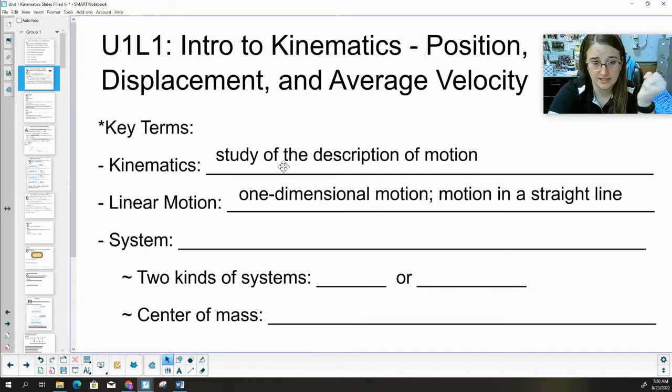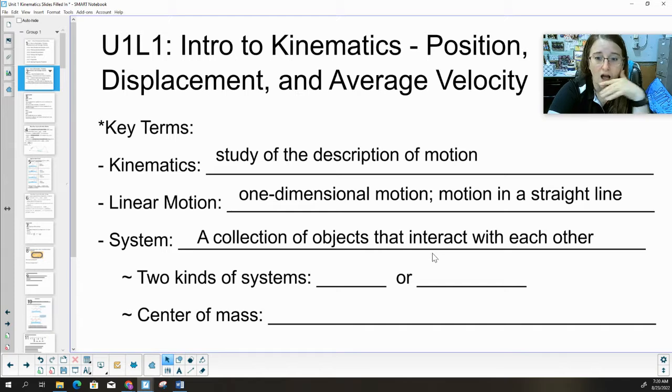Now, when we talk about these things, some other vocab you're going to see is reference to a system. A system is just a collection of objects that interact with each other. So for pool, for example, I can call one ball an object, or all the balls together, if I hit my cue ball into those balls, I can talk about the system of balls, which is all of the balls together.